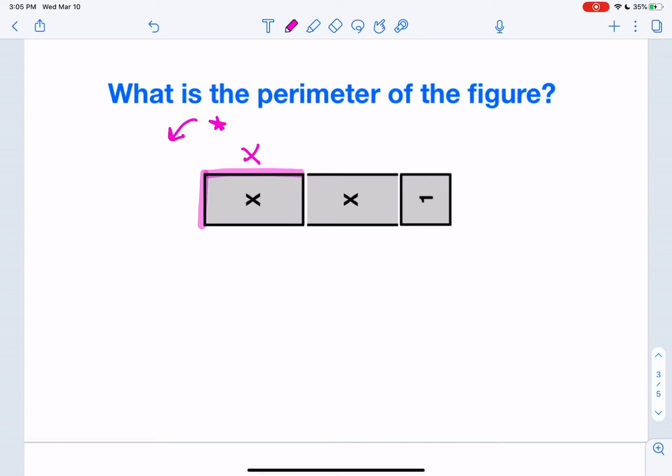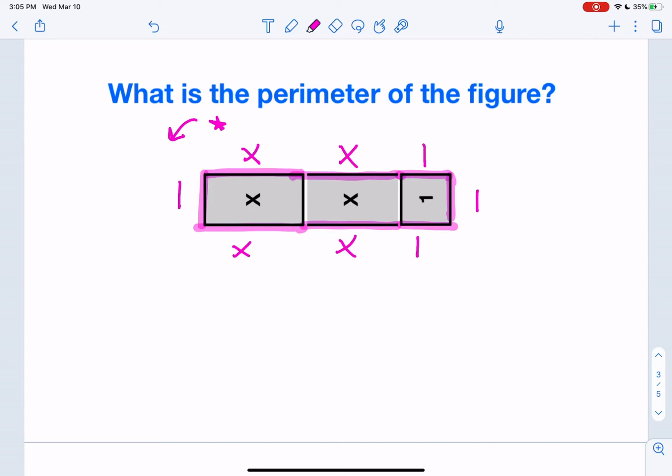This one is equal to 1. And then we have x, x, 1, 1, 1, and x.